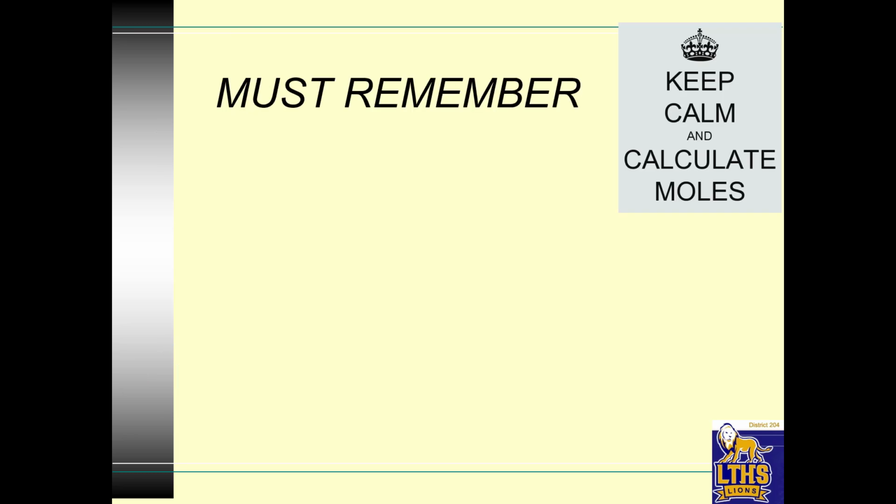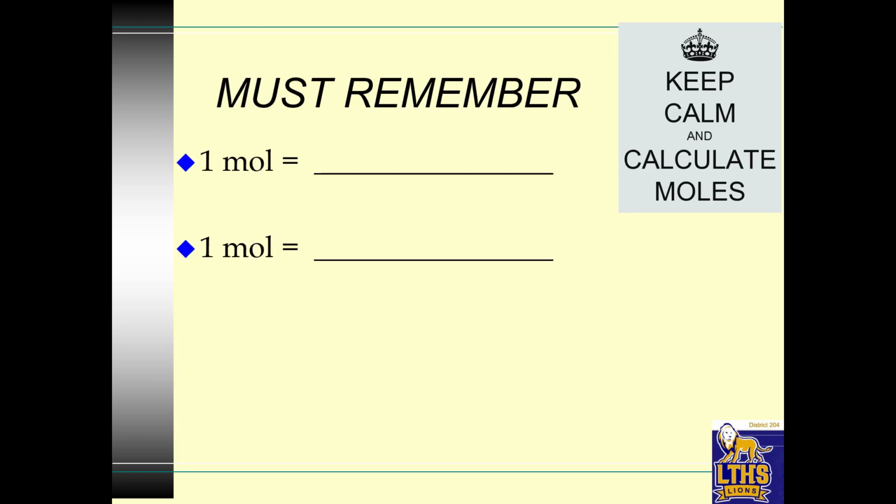So here's what you have to remember about moles. 1 mole equals Avogadro's number, 6.02 times 10 to the 23rd things.